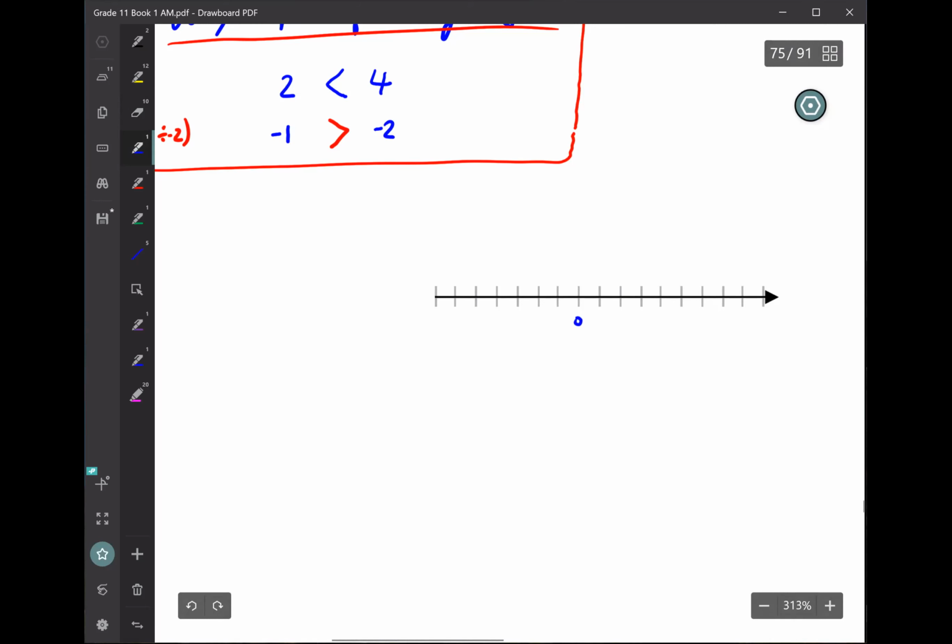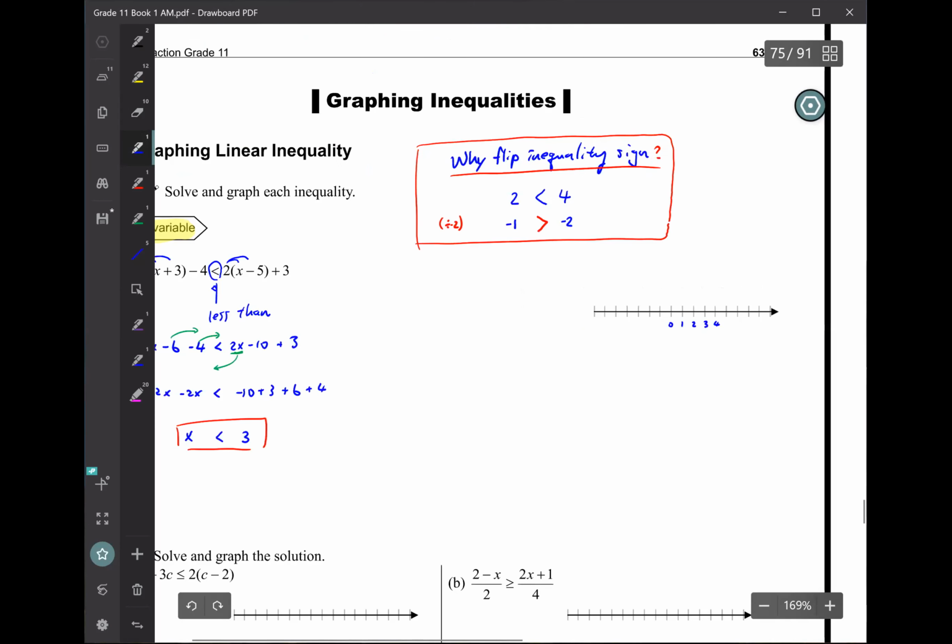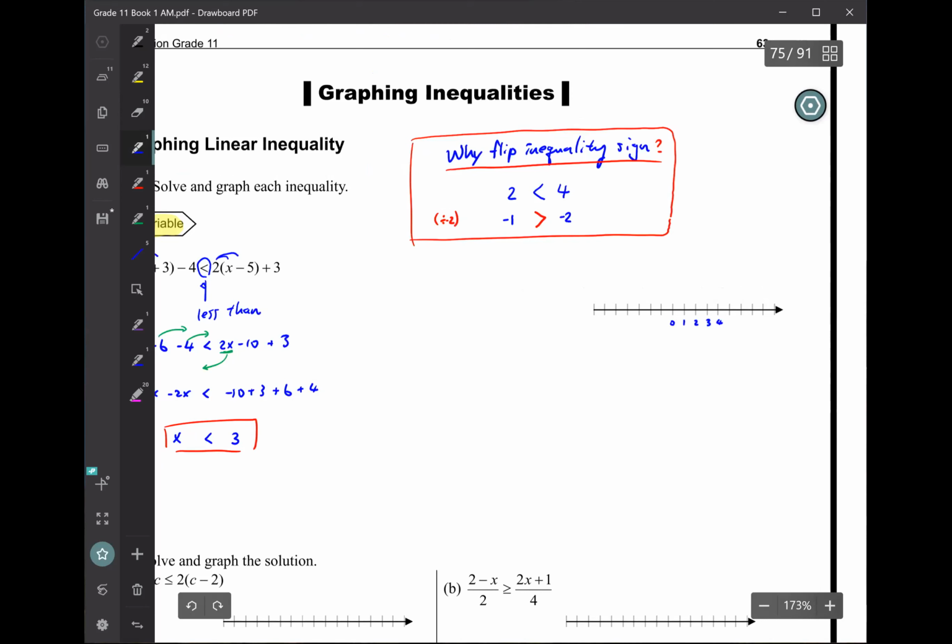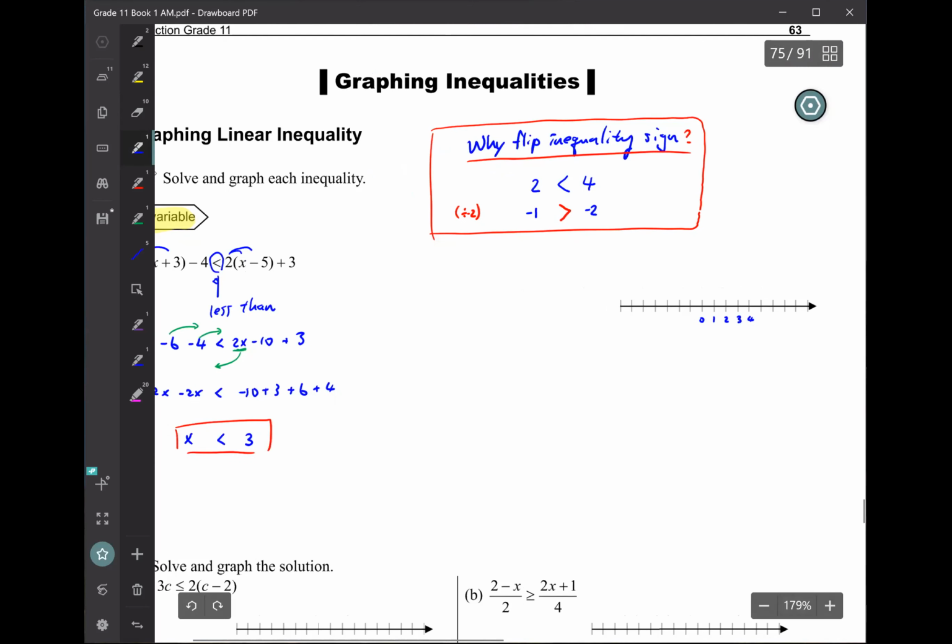But this one is integer, so we just use each space as 1. So make sure you show several numbers around the 3, around the number you want to graph, not just one number, okay, so that way I can see the scale.